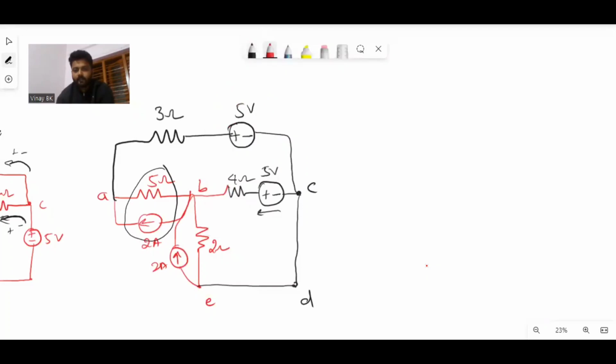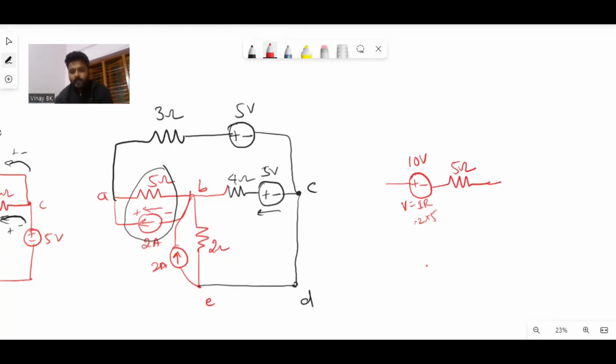So the practical voltage source I will write as it is. There will be a voltage source, the direction is right to left, that is nothing but minus to positive. I will write minus plus, V is given by I into R, where I is 2 amperes, that is 2 into 5, so it becomes 10 volts, connected in series with the 5 ohm resistor, like this.